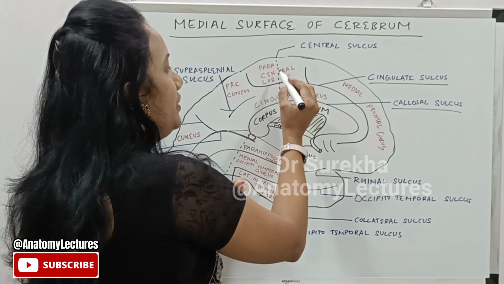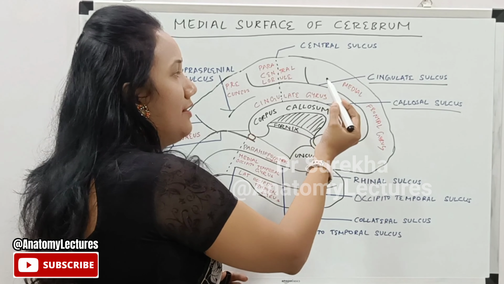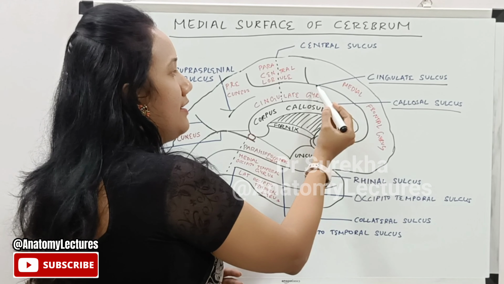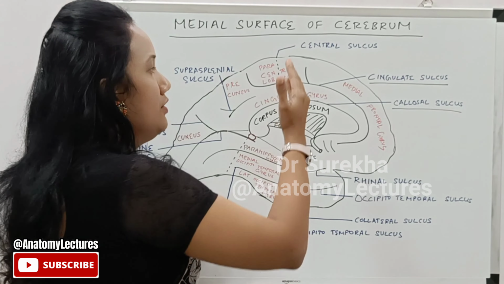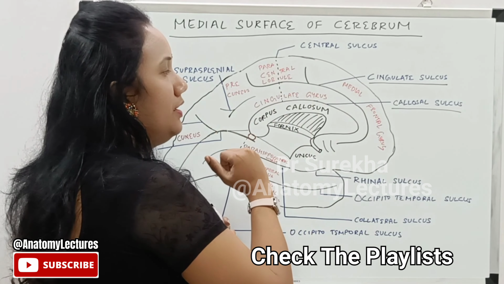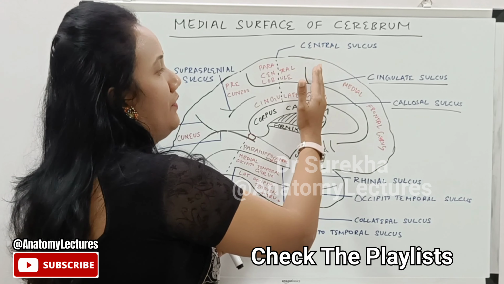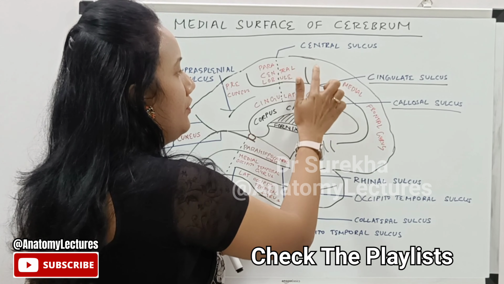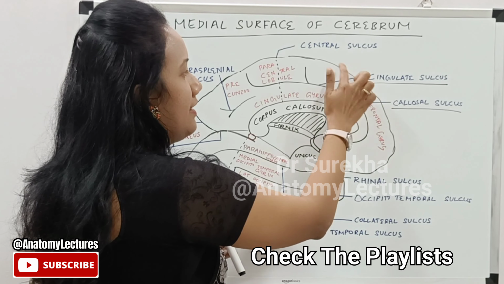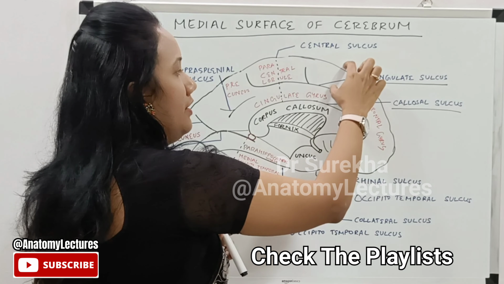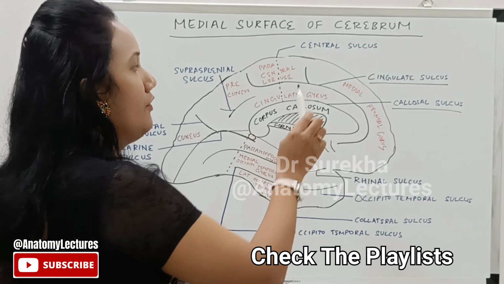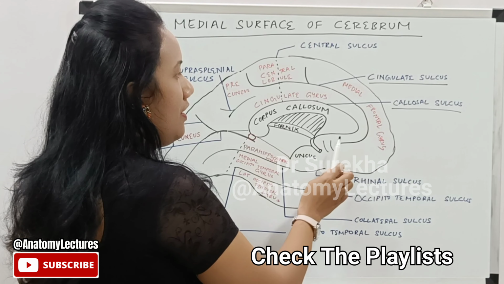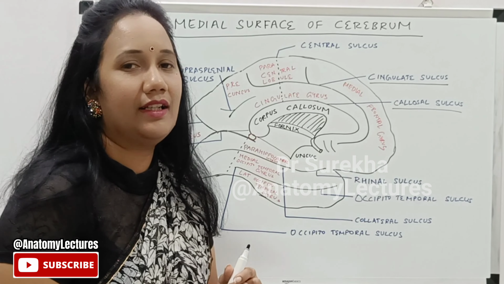Just parallel to that, in front of the central sulcus, the cingulate sulcus is giving off one offshoot. The part of the medial surface which is present in front of this offshoot and between the cingulate sulcus and the superomedial border is referred to as the medial frontal gyrus.